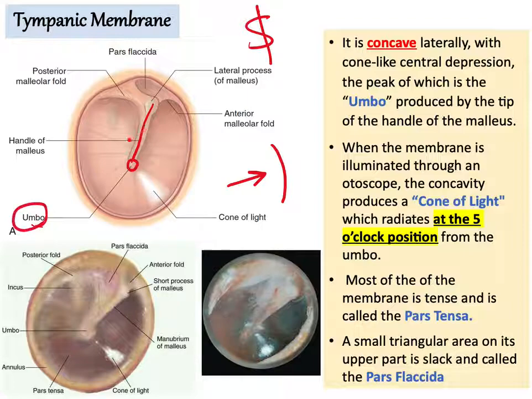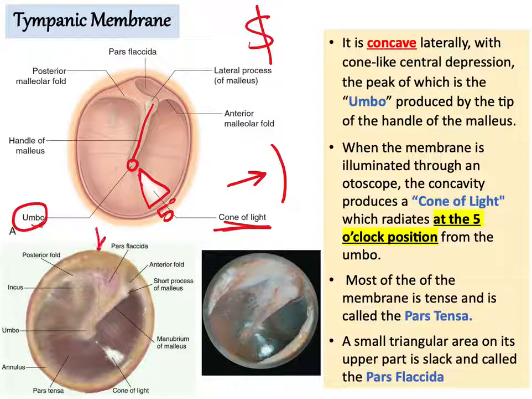This is number one. Number two, you're looking again into the ear of the patient, and you use the otoscope and light. So you will also find in that view this triangular cone of light, which is at the 5 o'clock position. We call it the cone of light.